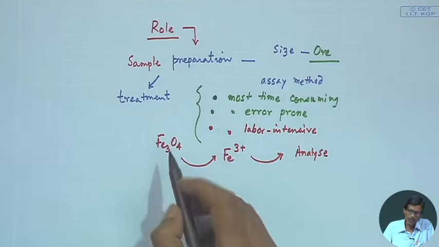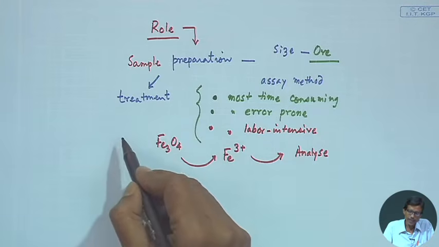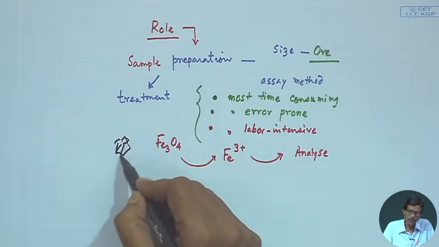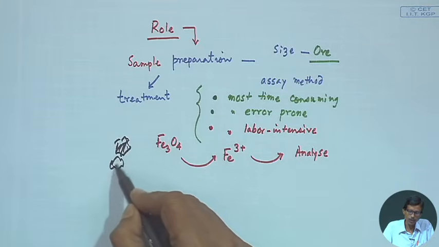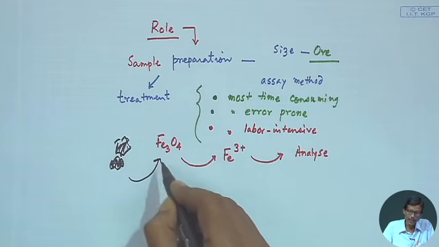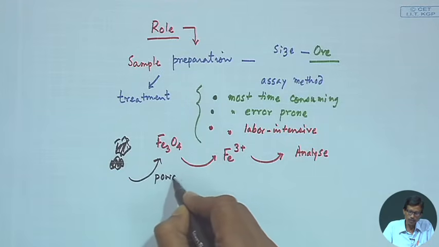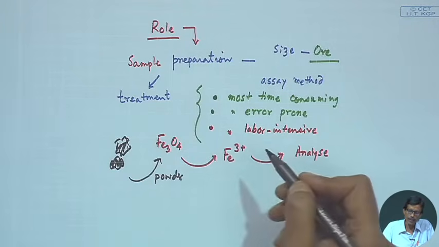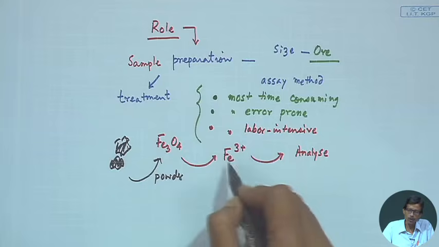There are bigger chunks of these ores. So, how to get this initially in the powder form, and those powder forms you have to grind and then take into a solution state.